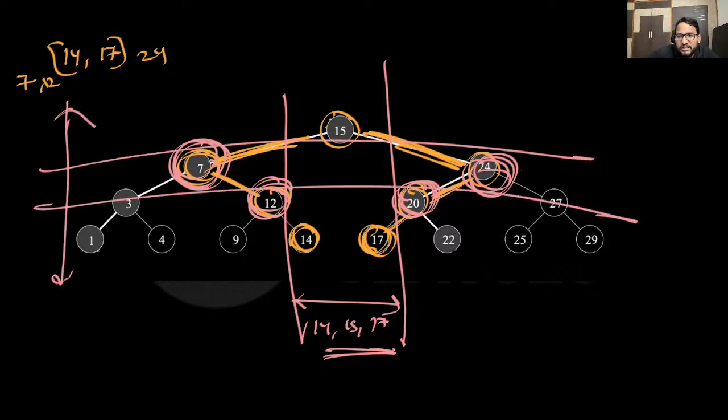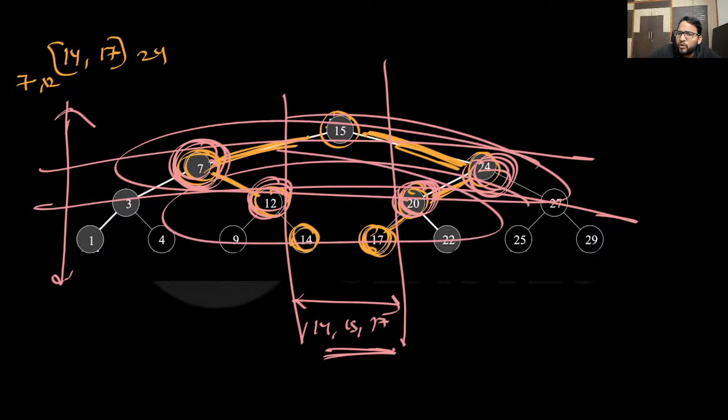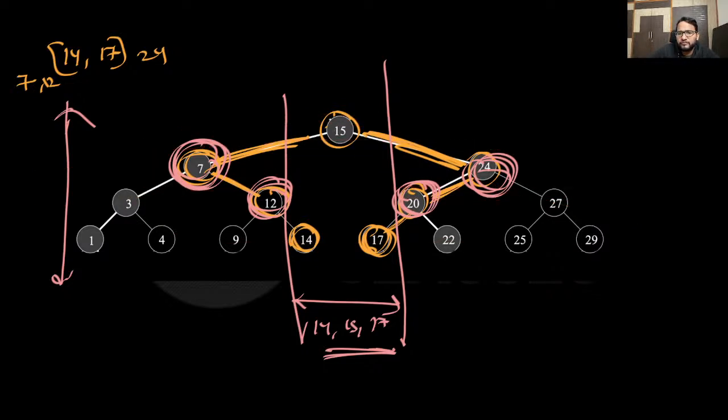See these two nodes, these are not in your range, still you have to visit them. So whatever narrow or however wide your range is, you have to visit 2H nodes, that's for sure. There might be H or 2H, it does not matter. Let's not worry about this H or 2H, but I hope the idea is clear.